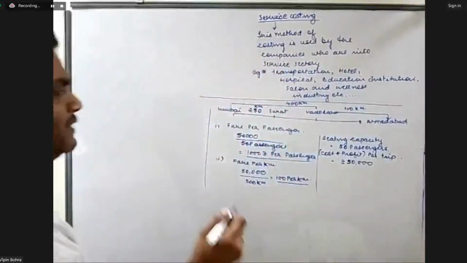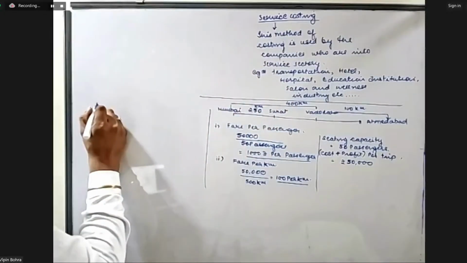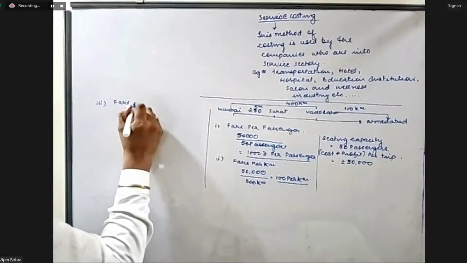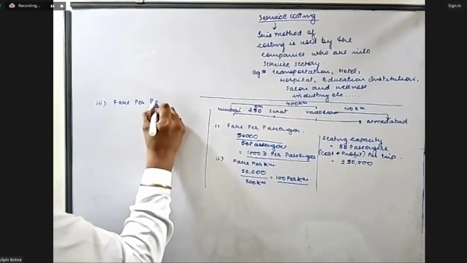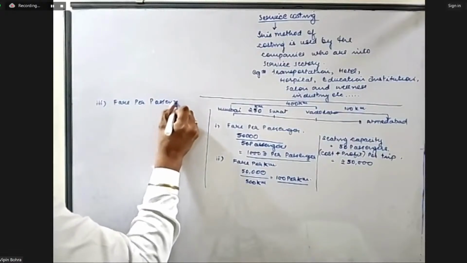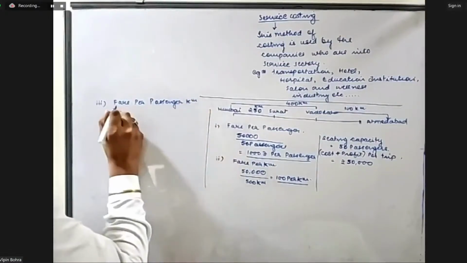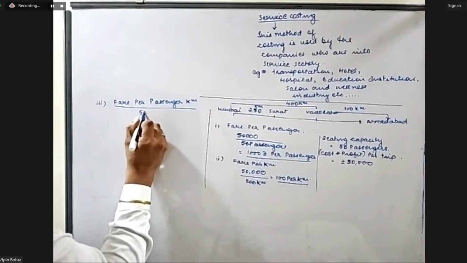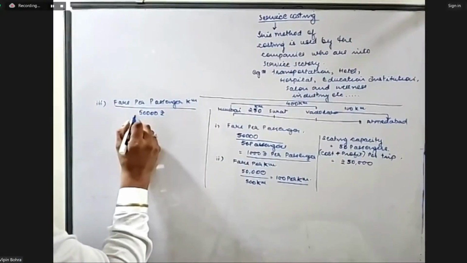So what we will do is, initially, we'll calculate the fare per passenger kilometer. So my expected revenue is 50,000 rupees.